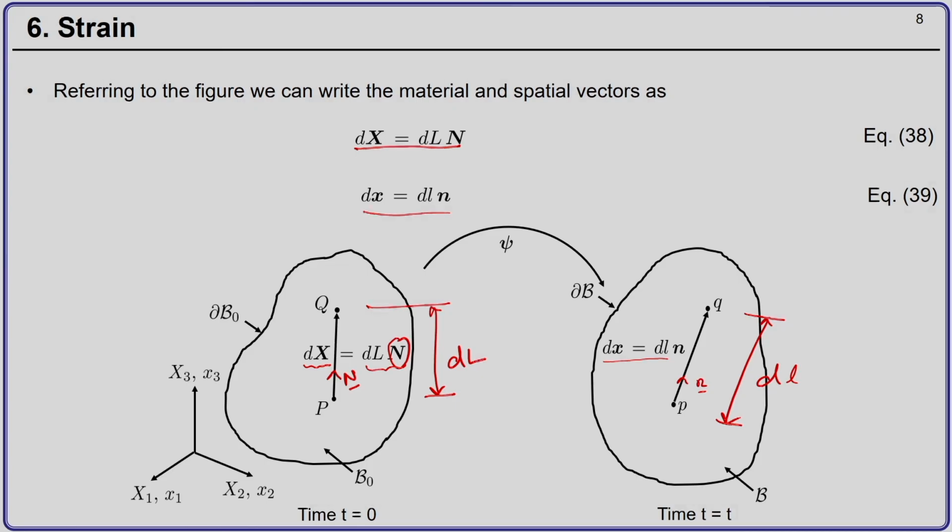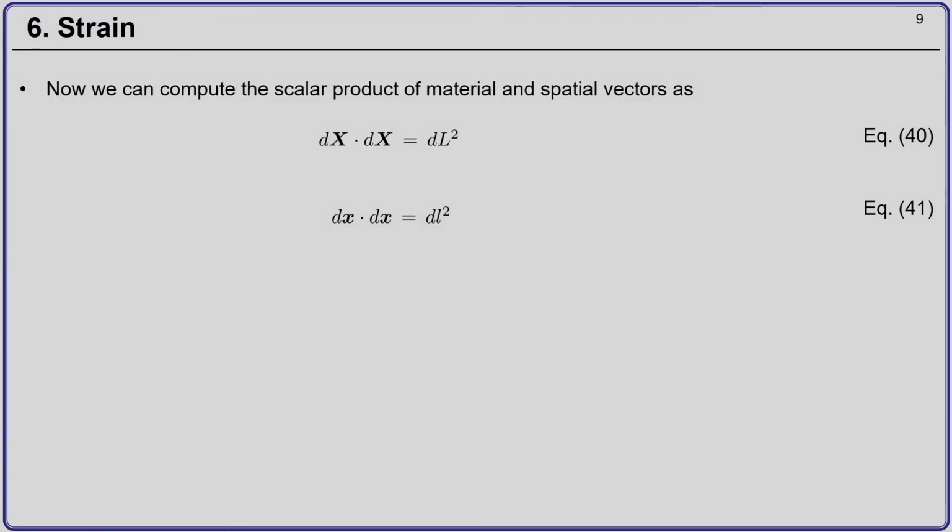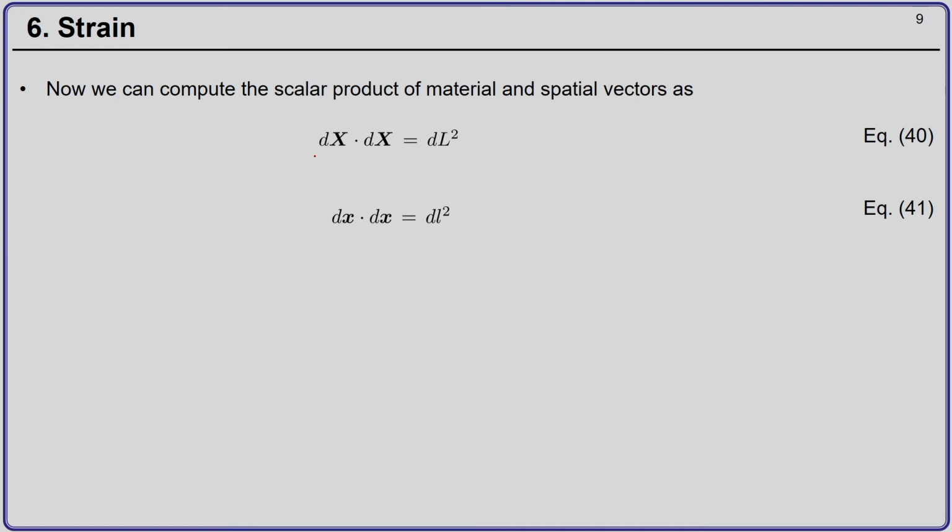Once we have this, and because we can consider dx1 equal to dx2 as a special case equal to dx, what happens to the scalar product? dX dot dX becomes dL square N dot N, and because N is a unit vector, N dot N is equal to 1.